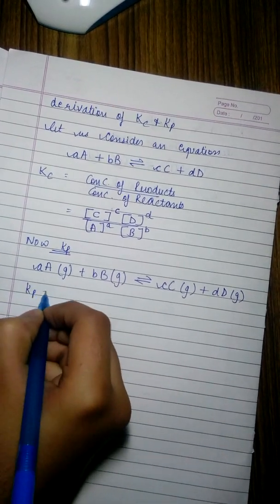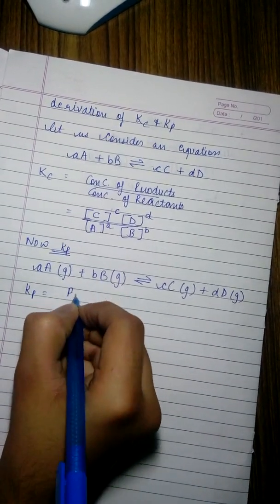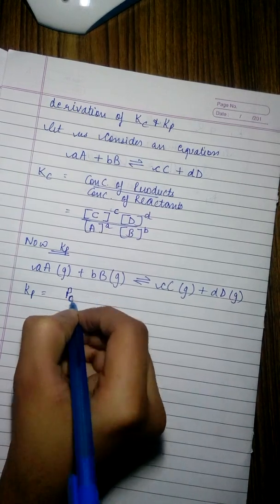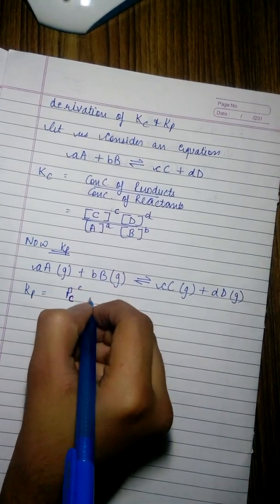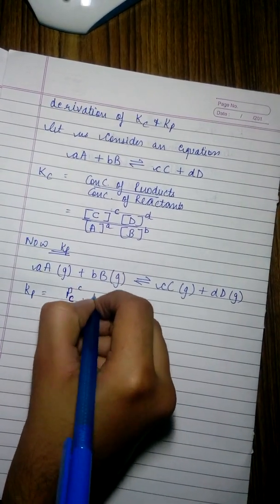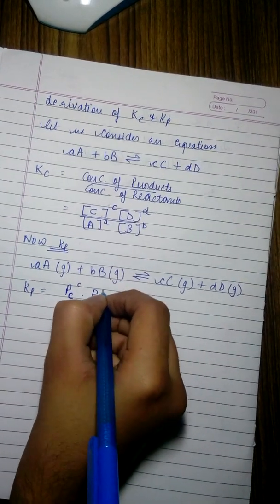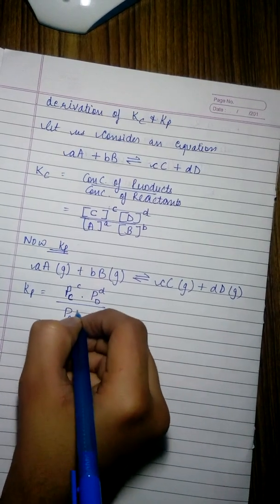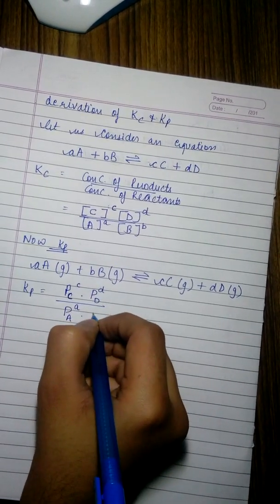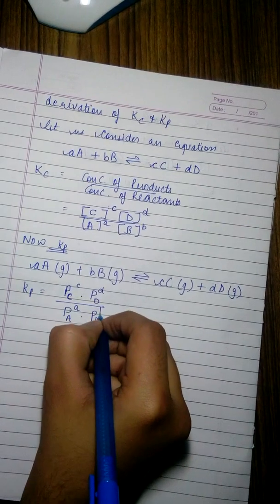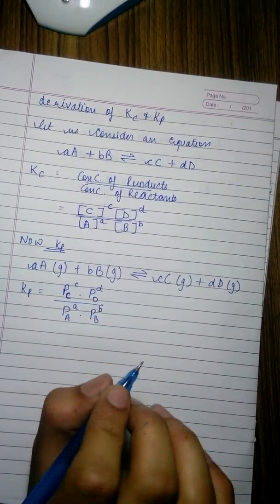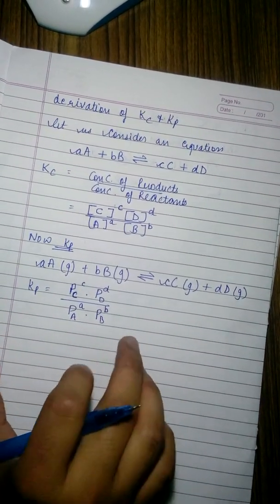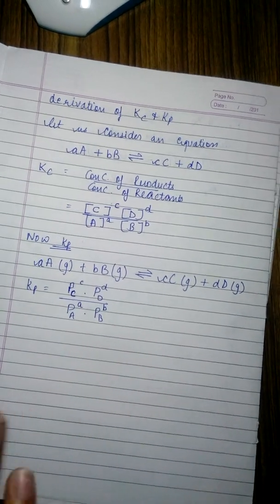Now Kp is equal to partial pressure of gas C raised to power number of moles into partial pressure of D raised to power number of moles upon partial pressure of A raised to power number of moles into partial pressure of B raised to power its number of moles. This is the derivation for Kp and Kc.